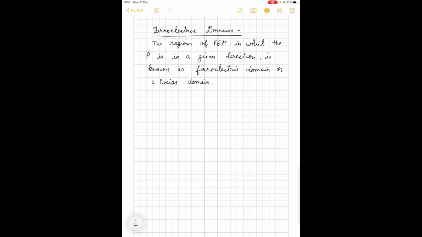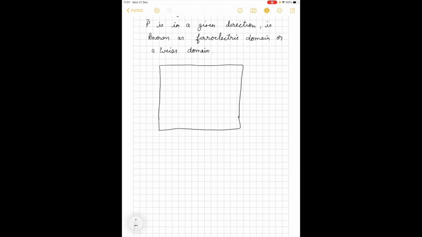Okay, so let me just draw how the domains look like. So let's say this is our sample or system, and this is a schematic representation. Okay, so I'm not showing you a SEM image or the actual image that comes out from an experiment.